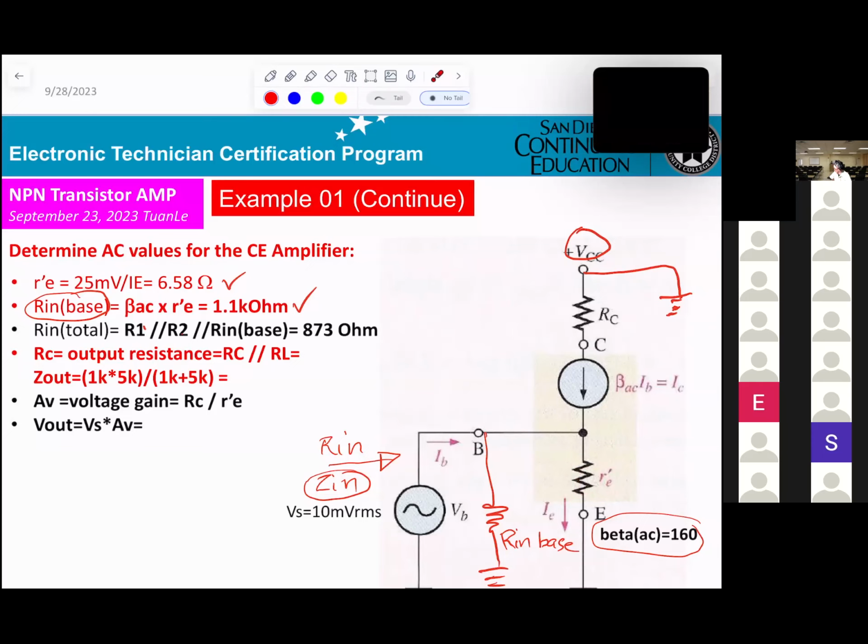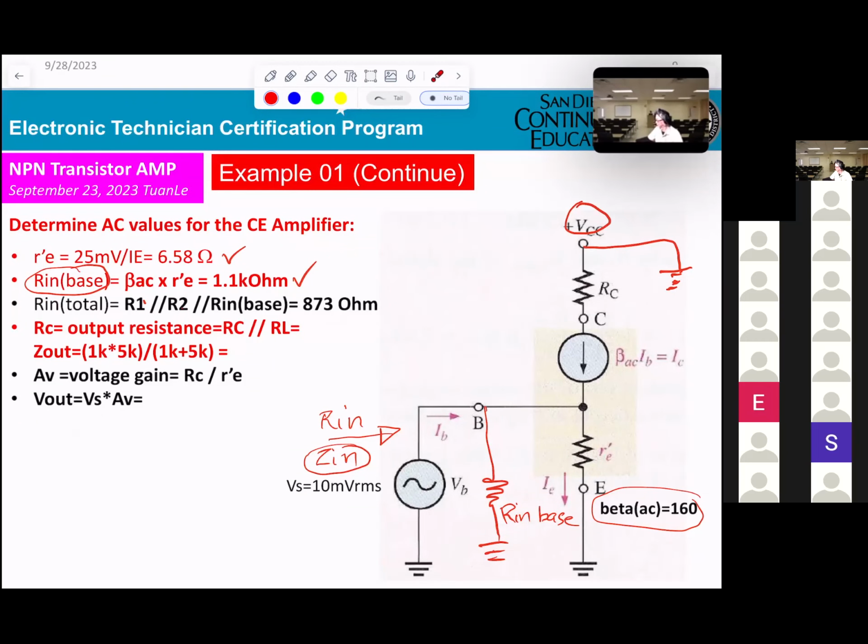But it's connected in parallel, correct? You're looking into it. It looks like they're parallel, the base and the ground. However, the total internal input resistance will be R1 parallel R2 parallel R in base.